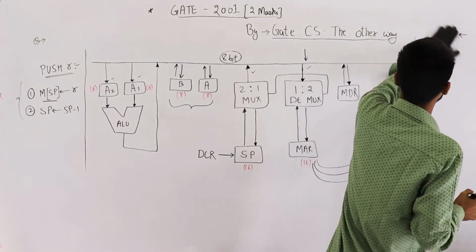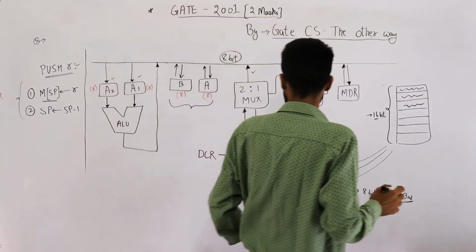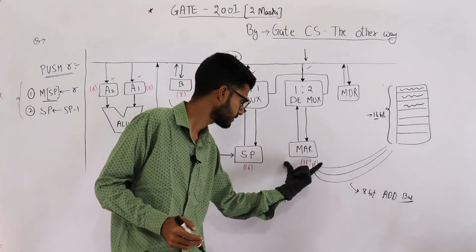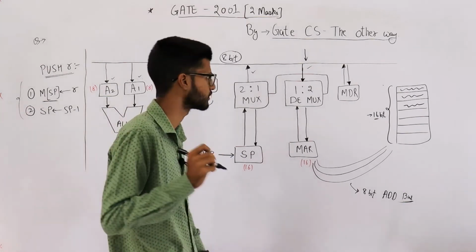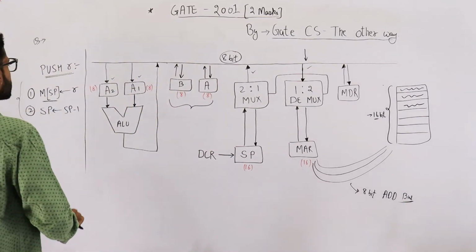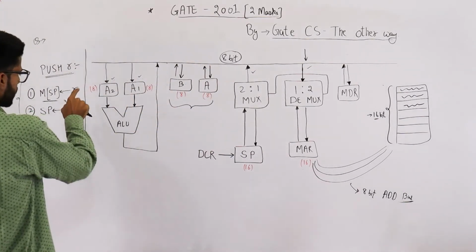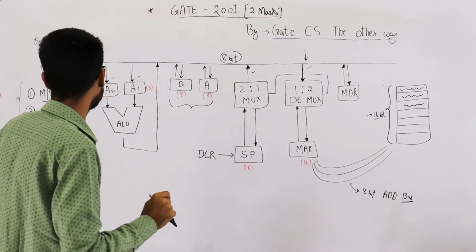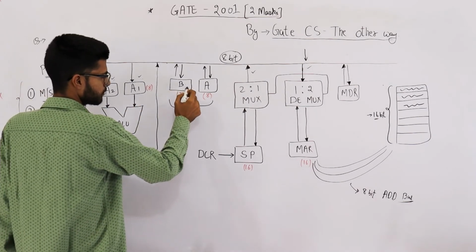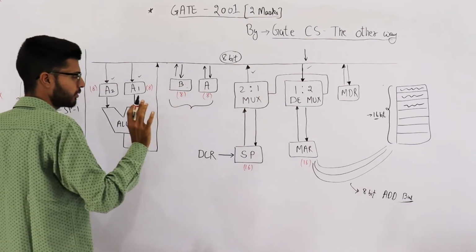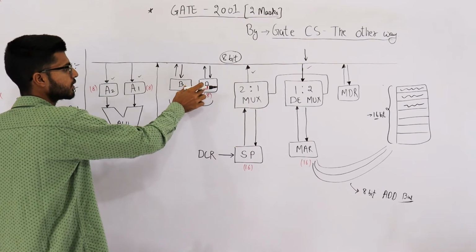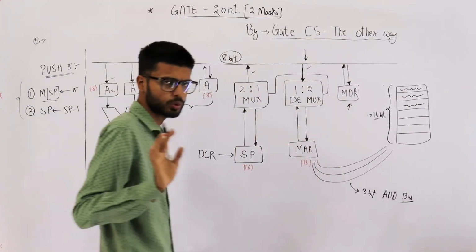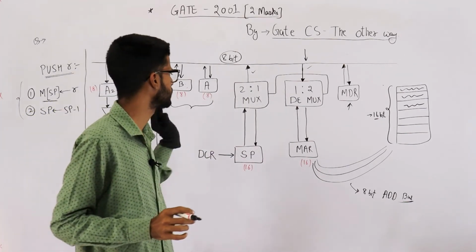In first 2 cycles, this SP writes its value into this memory address register. Second thing is, now this R contains the value that needs to be saved into the top of the stack. That means R can be any of A or B. So any one of these values needs to be moved here. It's going to take 1 cycle because both of these are 8 bits.